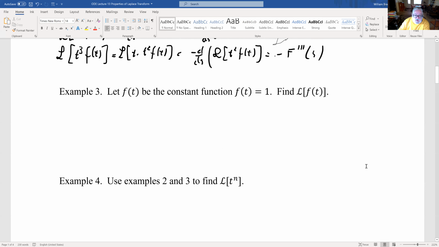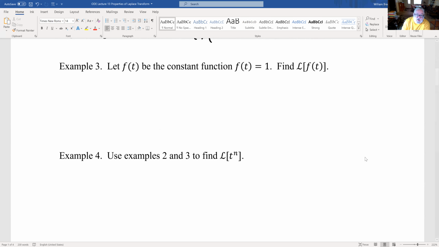So what's the Laplace transform of just 1? The Laplace transform of 1 is the integral from 0 to infinity of e to the minus st, 1 times that, dt.